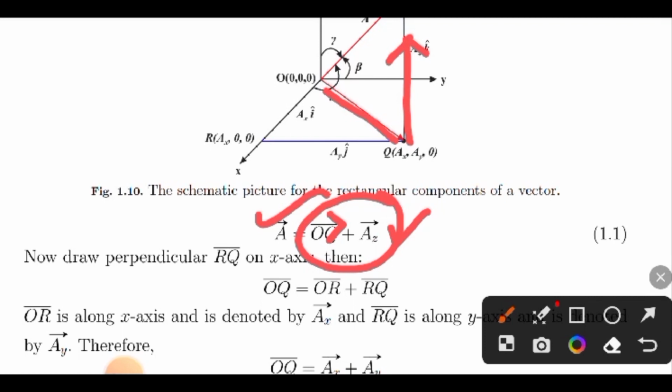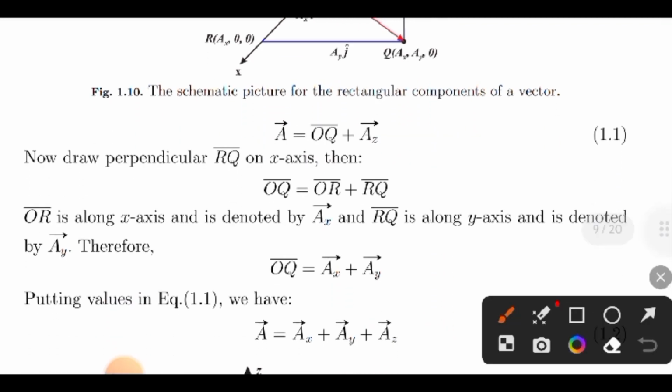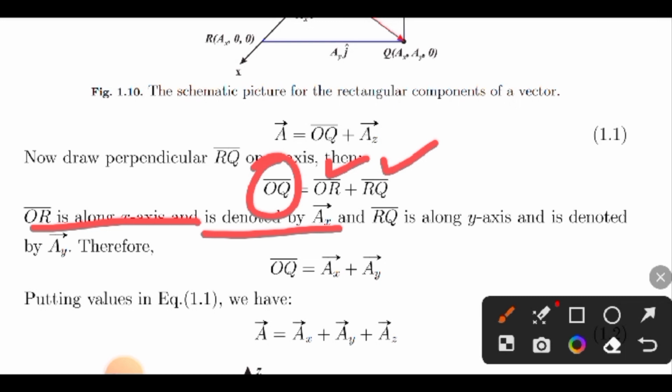By using this geometry, we can also write the vector OQ, and that OQ is the sum of OR and RQ. In the above diagram, you will see that OR is along the x-axis and is denoted by the vector Ax, whereas RQ is along the y-axis and is denoted by the vector Ay.